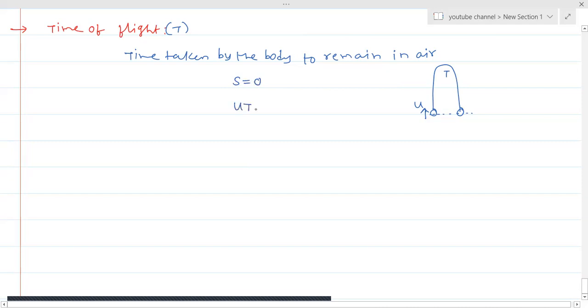Therefore ut plus half a, which means minus g, into t square equivalent to 0. From there we will get ut equivalent to half gt square, or t equivalent to 2u by g. So this is time of flight.